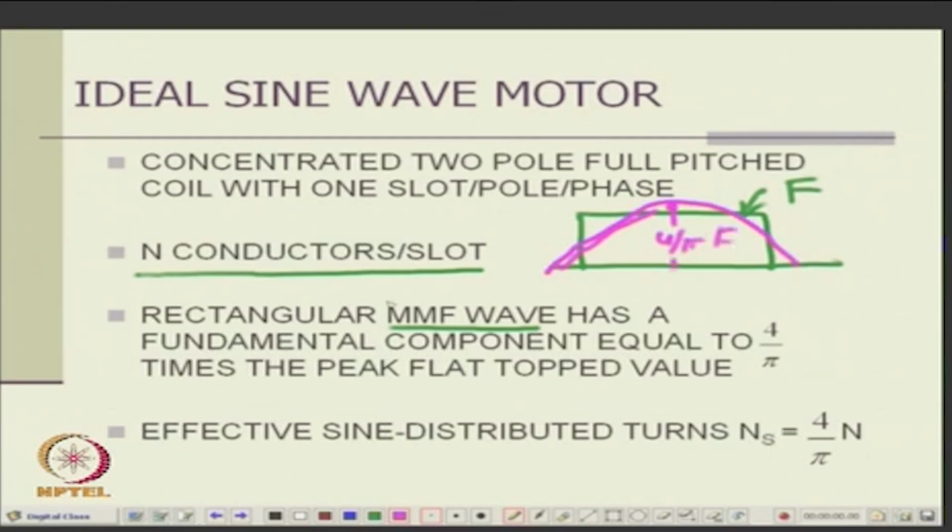A fundamental of a rectangular wave of amplitude f will be 4 by pi times f. I hope you have no doubt on this. You must have done signals and systems. So, a rectangular wave has a fundamental component 4 by pi of this. So, effectively, n conductors per slot can be considered to be 4 by pi n, if it is a sine wave.